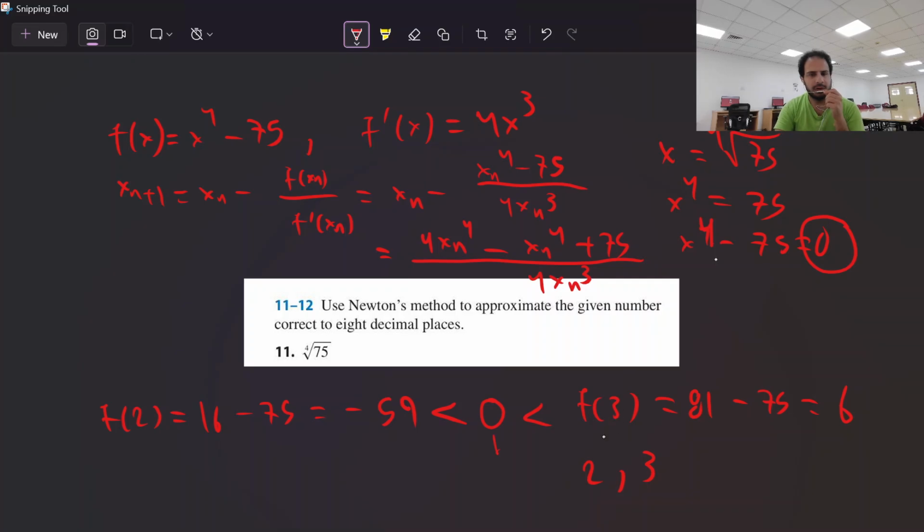Now, tell me which value you will take: x1 equals 2 or x1 equals 3. Which value is better?